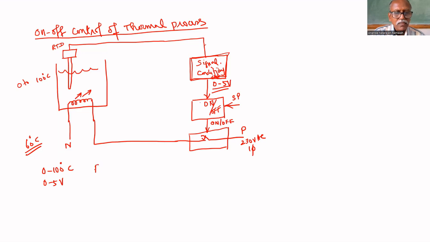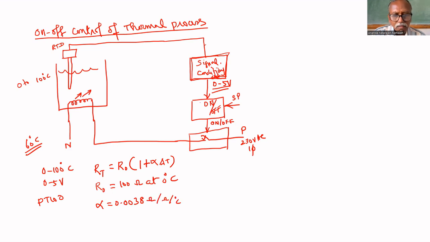Here, the resistance at a particular temperature, RT equal to R naught multiplied by 1 plus alpha delta T, where R naught for a PT100 is 100 ohm at 0 degree centigrade, alpha equal to 0.0038 ohm per degree centigrade.